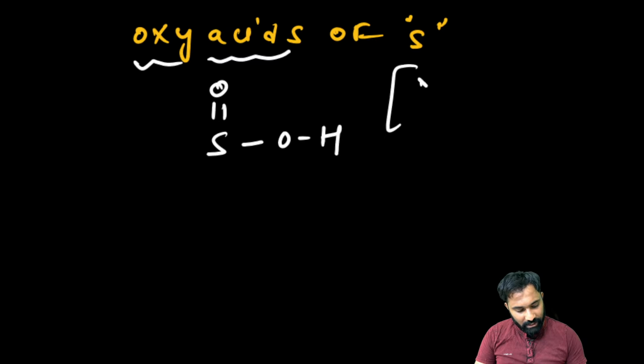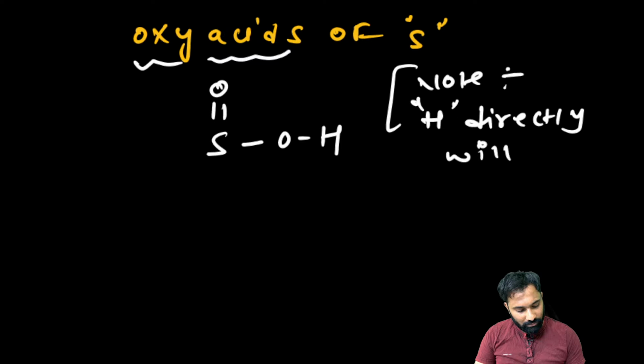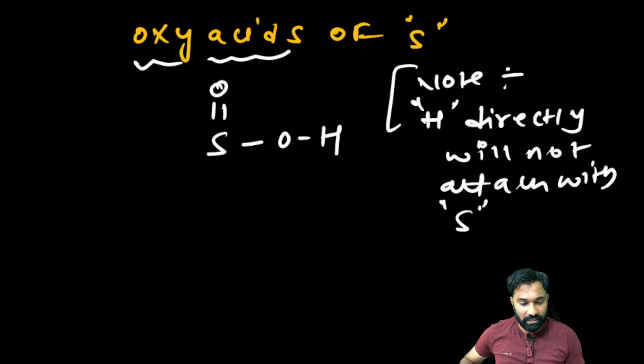And one very key point to note is that hydrogen directly will not attach to sulfur, right? This is the one key point you have to remember. Hydrogen directly will not attach to the sulfur.